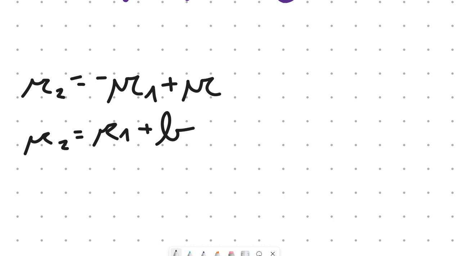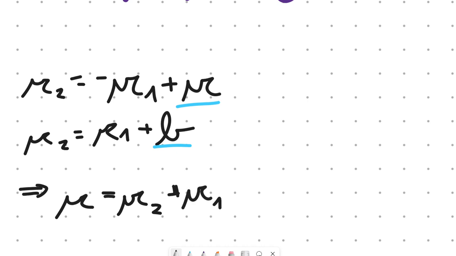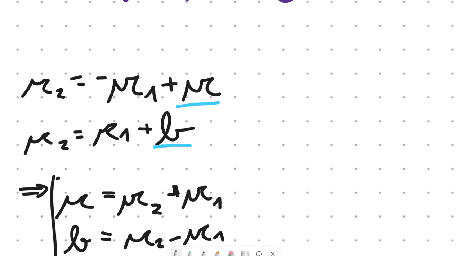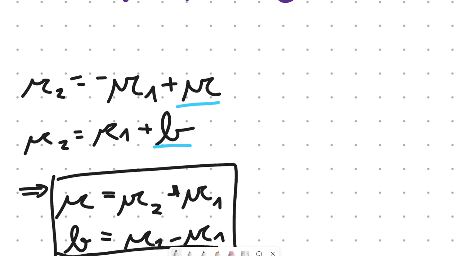Now we can subtract u2 on both sides of the equation, but we're going to do it in another way. I'm going to let u and b be the variables. So u is going to be u2 plus u1, adding u1 on both sides. Now b is going to be u2 minus u1, because we have to subtract u1 on both sides.